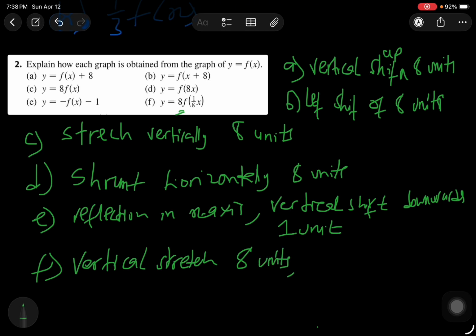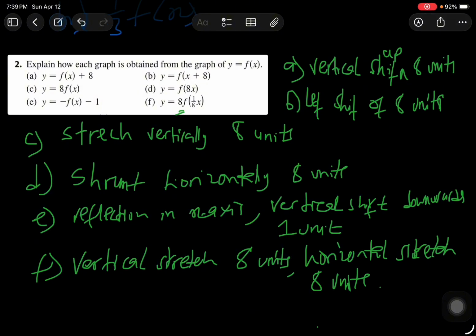Then the 1/8 inside means it has been stretched horizontally too. Then horizontal stretch 8 units as well. That is it for this one. Let's move on to the next one.